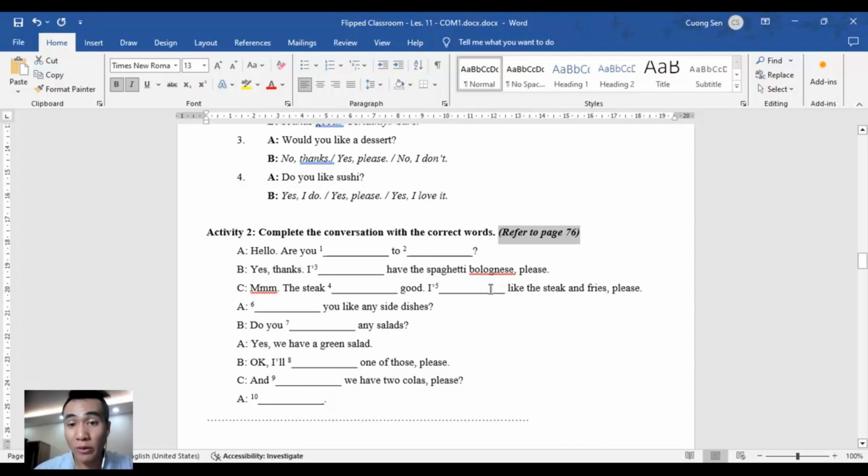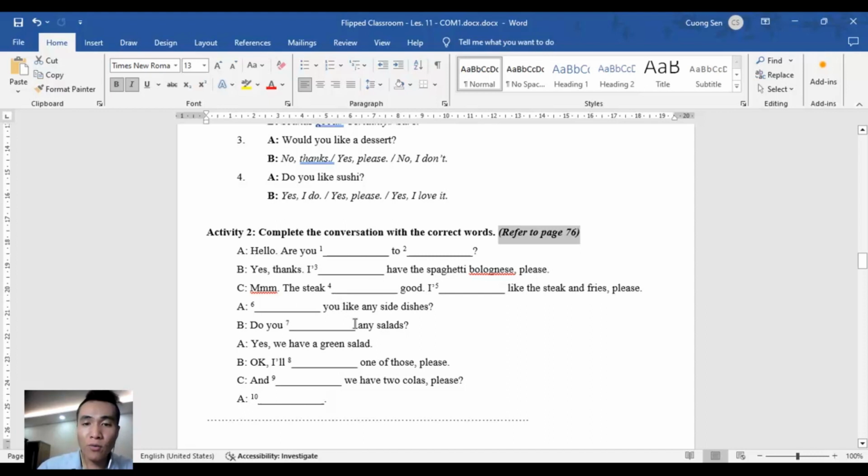For example, I will do it with you first. "Hello, are you ready to order?" Because the theme of this lesson is eating out, right? So: "Are you ready to order?" "Yes, thanks. I'll have spaghetti bolognese, please." Yes, that's it. So please, before you use the course book on page 76, try to do it first.